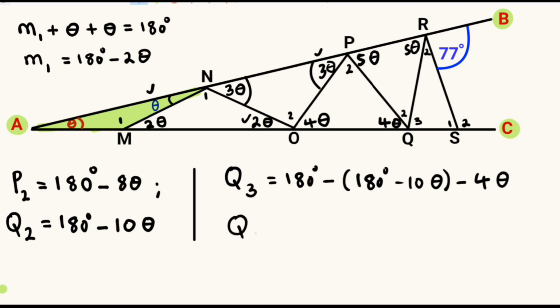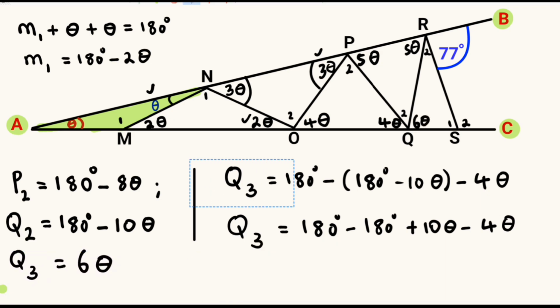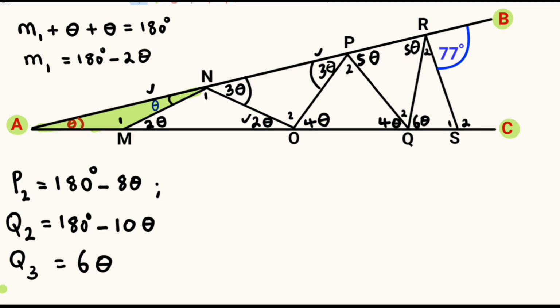So our Q3 will be equal to 180 degrees minus 180 degrees plus 10 theta minus 4 theta. Our Q3 will then be equal to 10 theta minus 4 theta, which is equal to 6 theta. And since QR and RS are equal, the angle S1 will also be equal to 6 theta.